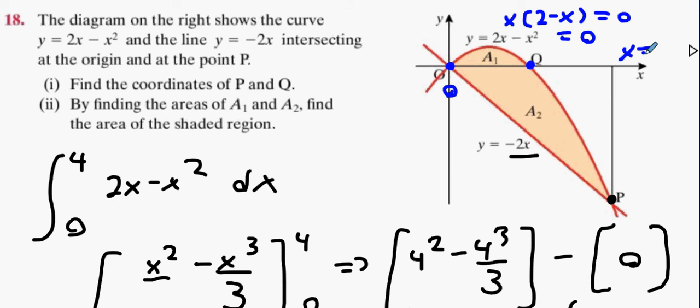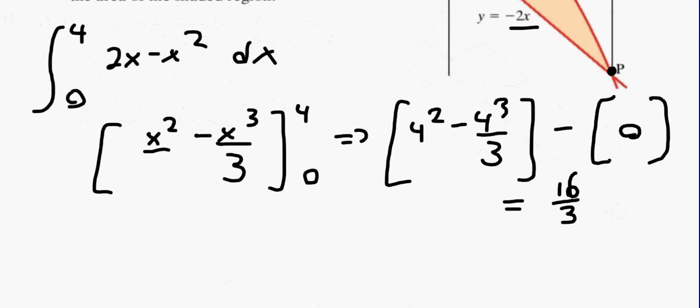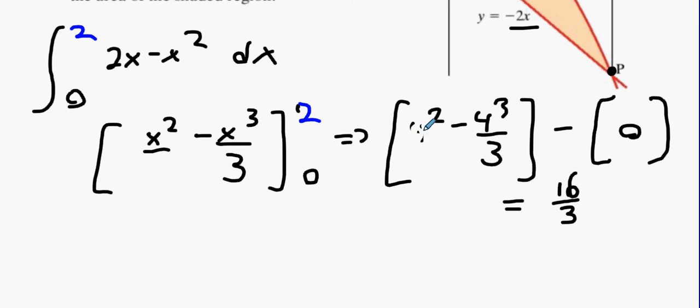See, we got x equals 0 and then x equals 2. And the great thing is it's a quick fix. So what's the only thing you need to do here? Just change that to 2. Okay. Take out the old 4 and then just lob in 2's instead.